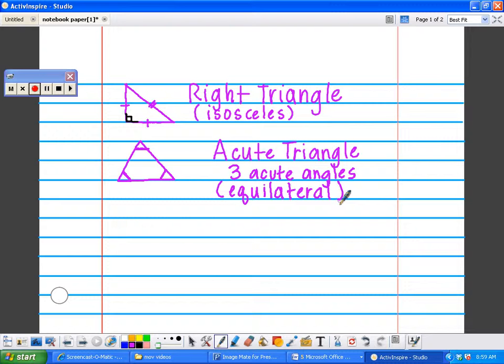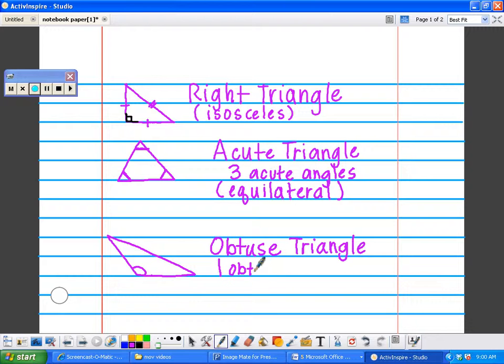An obtuse triangle. I like how you're saying that. Obtuse. You know it's open wide. Go ahead and write obtuse triangle, and then we need to draw an obtuse angle. There's one right there, isn't it? Opened up wide. Now all I have to do is connect. Obtuse means it has 1 obtuse angle.